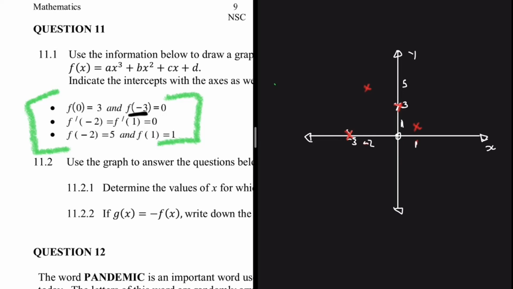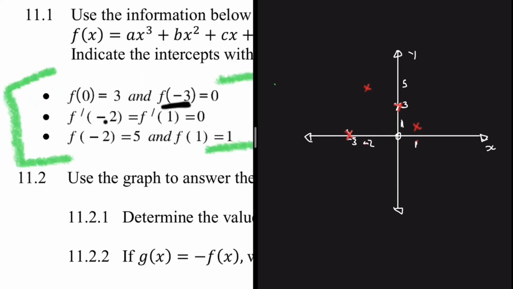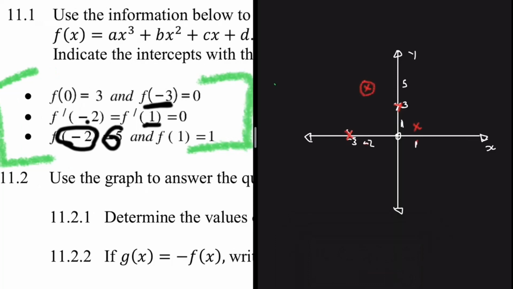So when x is equal to minus 2, we have a turning point, right? But we know that when x is equal to minus 2, the y value is 5. So this point here, which I'm circling, is the turning point. And at 1, we have another turning point. The gradient is 0, right? But we know that when x is equal to 1, y is equal to 1.